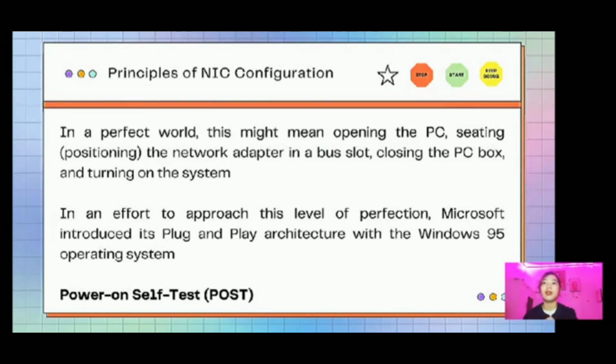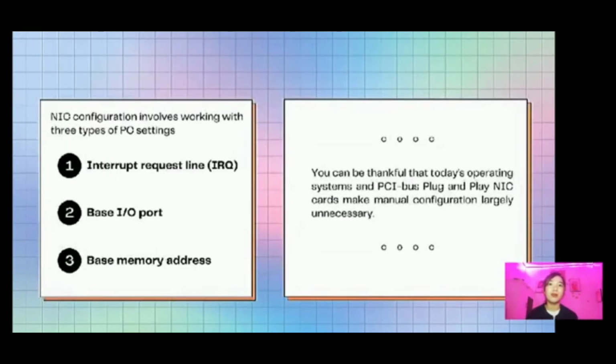On the next slide, NIC configuration involves working with three types of PC settings. These are the interrupt request line, or IRQ, the base I/O port, and lastly, the base memory address.